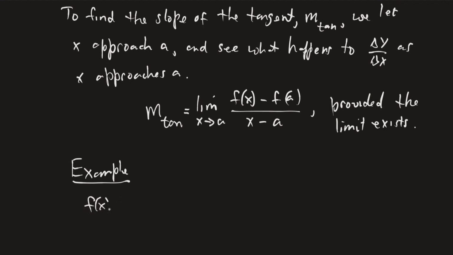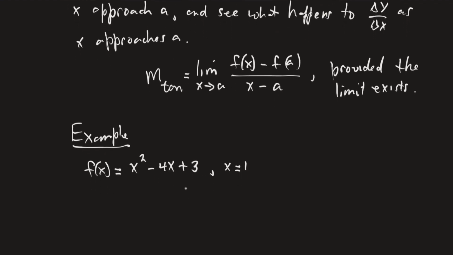So let's say f of x is equal to x squared minus 4x plus 3. So let's say this is our parabola. And now the difference is we're just going to have a single x value. So let's say x is equal to 1, right? So let's kind of sketch this and see what it is we're trying to do.